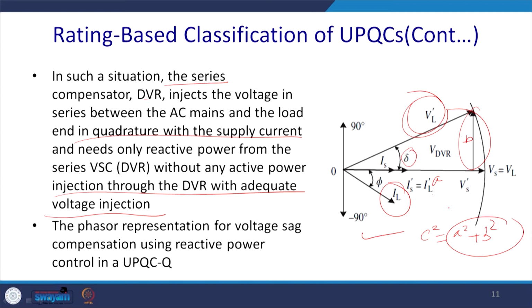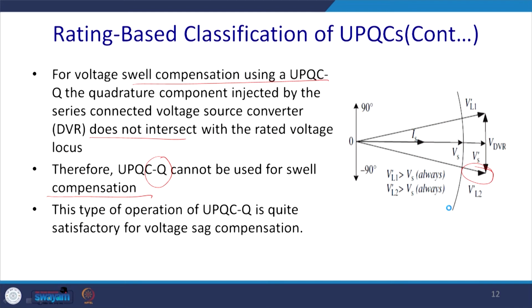So, sag compensation is not possible in case of the Q compensation, but here you can inject in series or 180 degrees of the series, and thus you can change the direction of the voltage, and thus you can also compensate the sag. So, this type of operation of the UPQC is quite satisfactory for the voltage sag compensation, where swell does not come into the picture.